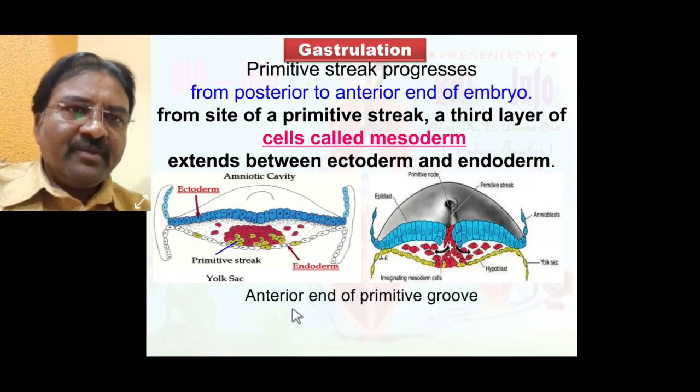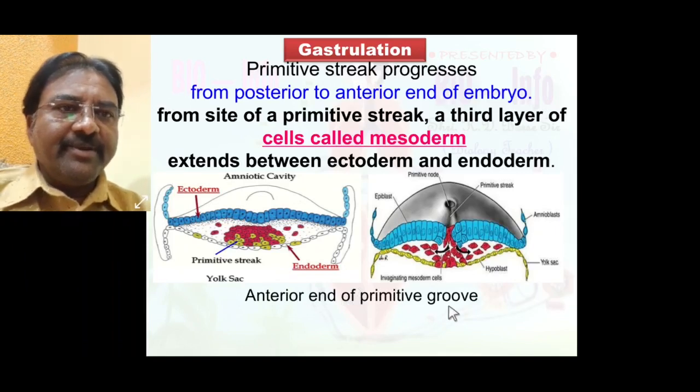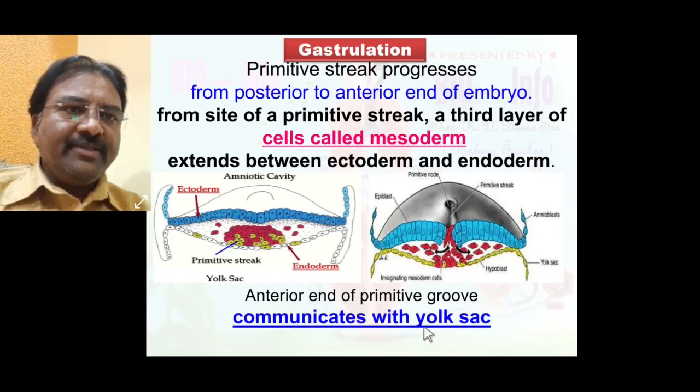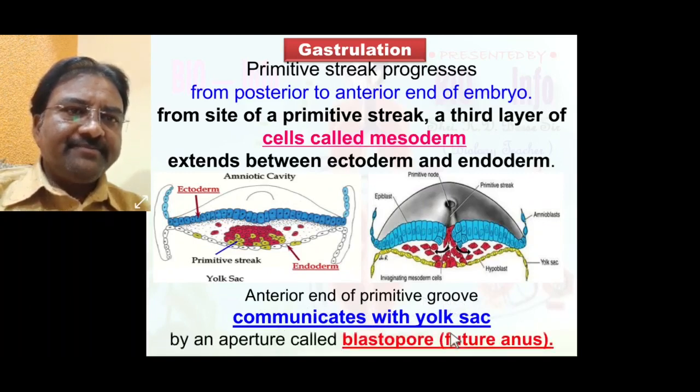Now, this is the anterior end of the primitive groove, which communicates with the yolk sac cavity present in the endoderm. So the anterior end of the primitive groove communicates with the yolk sac by an aperture called the blastopore.